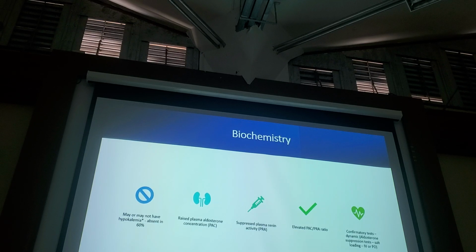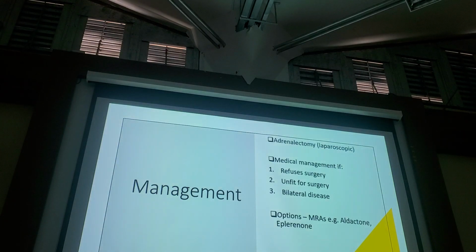If it's further upstream in the axis, it's no longer considered primary. Primary is just of the end organ. So if it starts in the thyroid, we call it primary thyroid disease. Adrenal, primary adrenal disease, testes, primary gonadal disease, and so on. If it's in the kidney, it's secondary, or you would specifically say what it is. You would call it by what it is, so you know how to manage it.